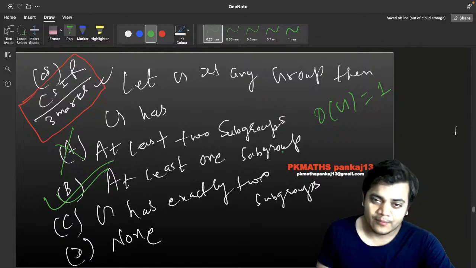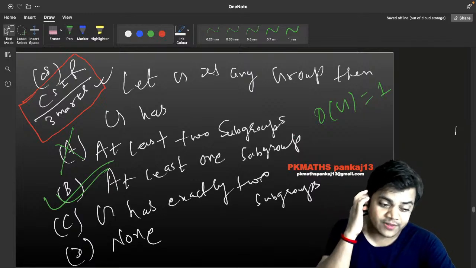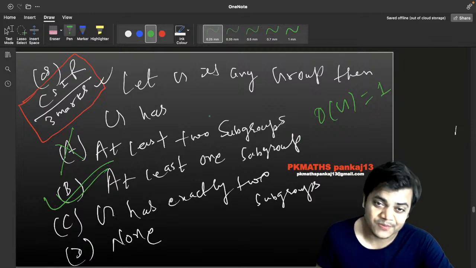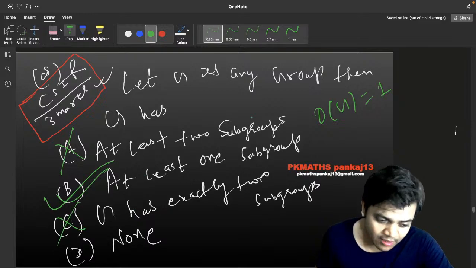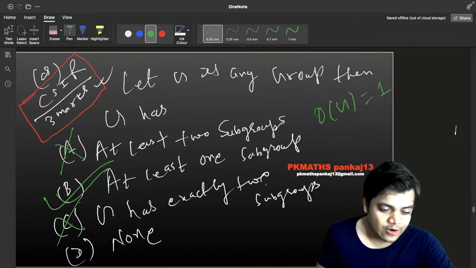But you cannot give the assurance of 2 subgroups, because if the group has only 1 element, then how can you say there are 2 subgroups? So that's why option A is not true. Option B is absolutely right. Option C is: G has exactly 2 subgroups. This is not necessary, because if the order of the group is 1, then from where will you find the second one? Not possible. So that's why at least 1 subgroup is the right answer.